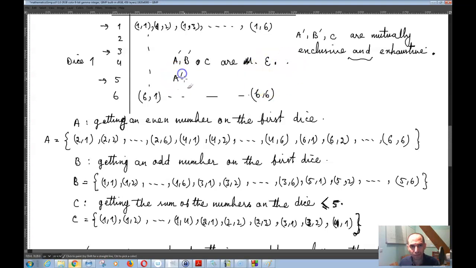And also A prime, B prime, and C are exhaustive. If both of these statements are true, then this statement is true. Otherwise it's not, because you have an "and" here.